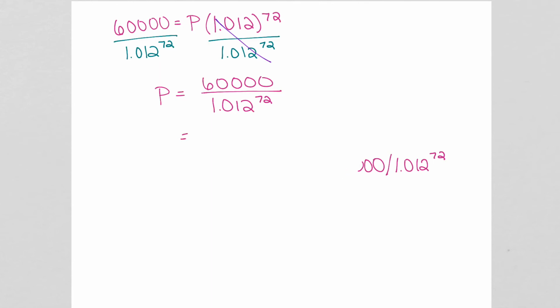But assuming you don't have a calculator that'll let you use parentheses and all, then let's do 1.012 to the 72nd power. And you get this number.